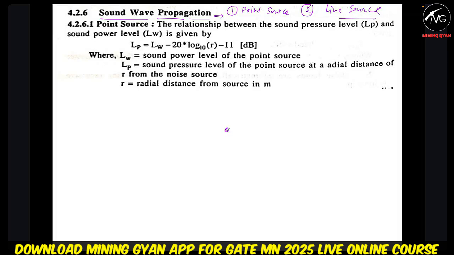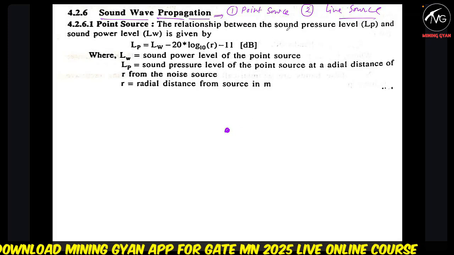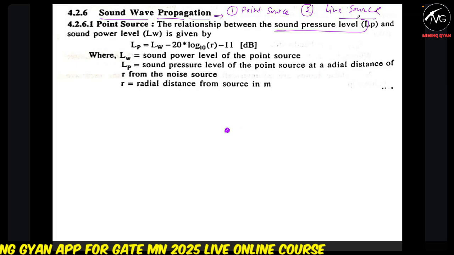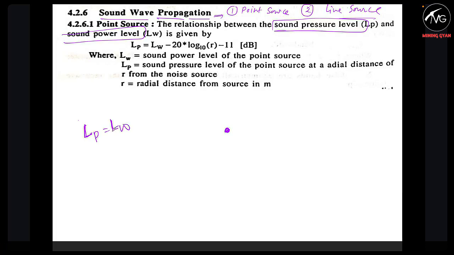If a point source, that means the relationship of the sound pressure level and sound power level. So I think you know both formulas for the sound pressure level and sound power level. This is the pressure level, this is the power level.